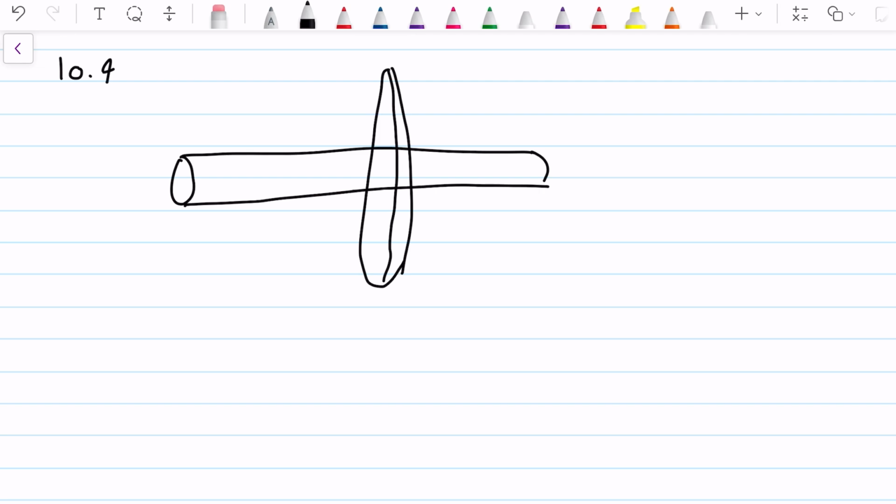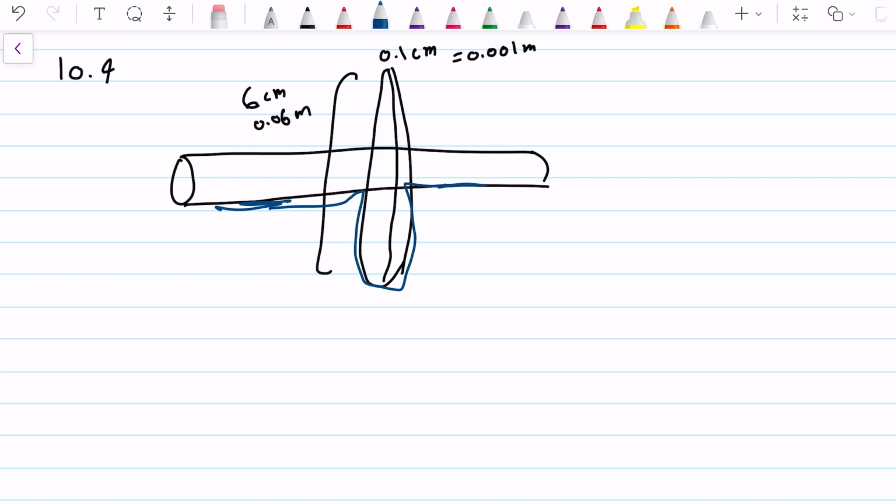and they are very thin. They're 0.1 centimeter thick, or 0.001 meters. They have an outer diameter of 6 centimeters, or 0.06 meters. The surface temperature is 100 degrees, and we're going to assume that's constant throughout all of this.